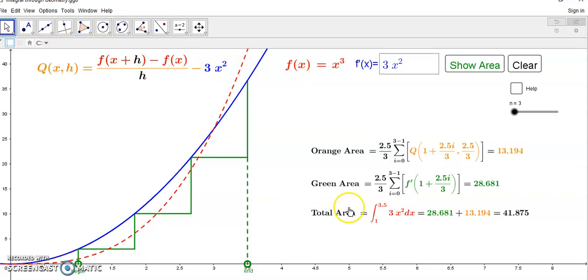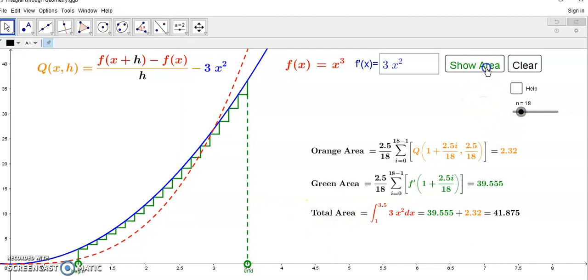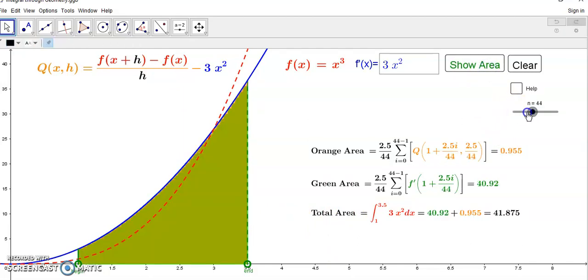Now, as you can see, and let's show the areas, n equals whatever value doesn't change the total area. It will just change the areas given by the q of xh expression and the slopes that are calculated in this interval. And I'll explain that in a second.